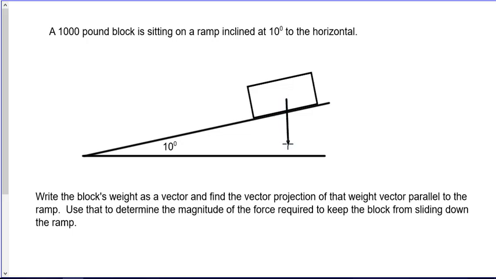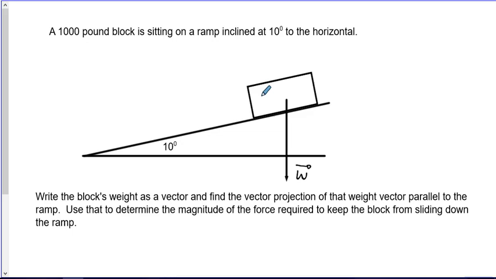So we have some vector that could correspond to the weight. Let's call it vector W. The reason that we can use a vector is that the weight, of course, is just 1,000 pounds, but we can put direction with that weight. It's 1,000 pounds, and it, let's say, is straight down in the coordinate system that we're seeing here.